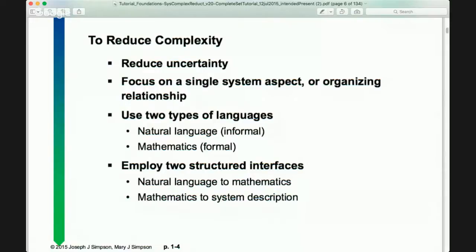Then you employ two structured interfaces: the natural language interface to mathematics and the mathematics to system description. These two interfaces live in the structural integration modeling area. So we start bringing things together from the informal language area and the formal language area, and we start working with them in the structural integration modeling area.